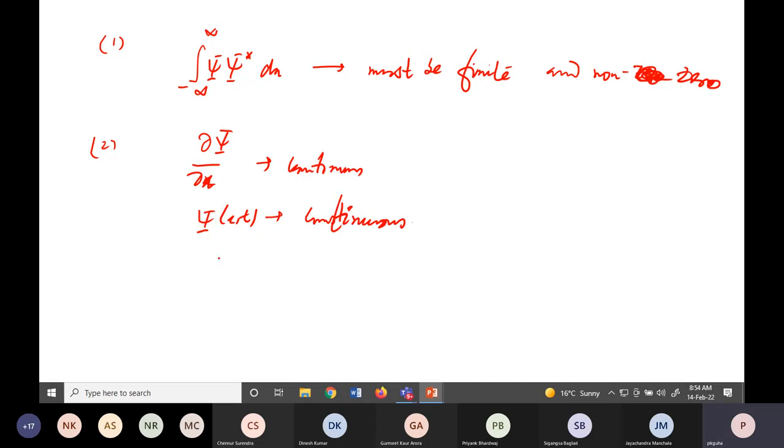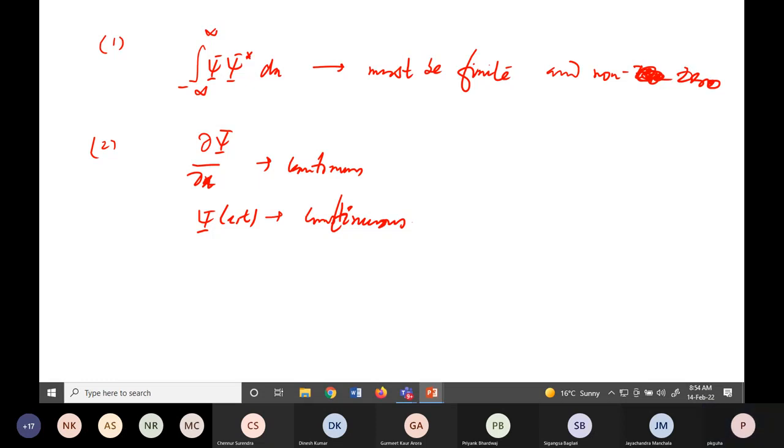Because if they are not continuous, then the second order derivative will diverge and give you infinity, and that is not possible. So from the wave equation, psi of x,t should be continuous, and del psi del x should be continuous. And the probability should be finite and non-zero, if there is a particle.